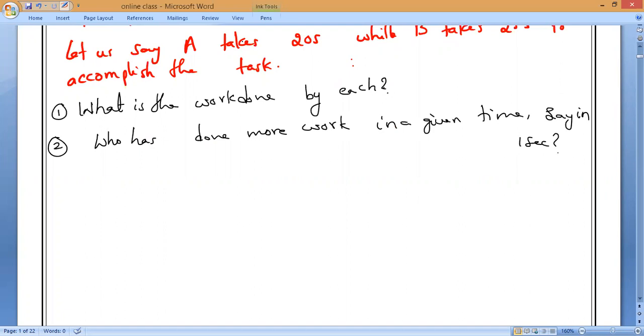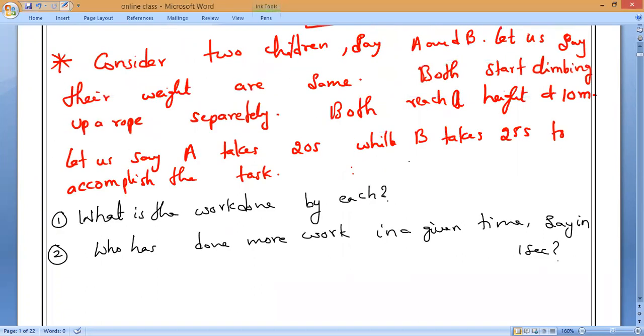So, anybody? Mitakshri, Abhirami? First, what is the work done by each? Both would be same, sir. What is the work done? We don't know that. Have you noticed their weights are the same? Yes or no? Weights mean both have the same weight, so their masses are also equal.